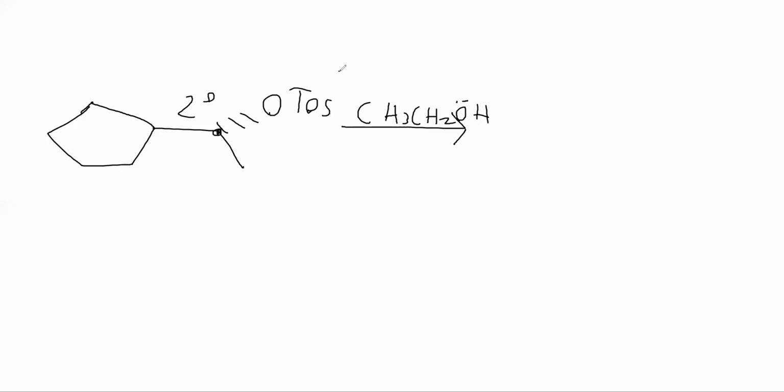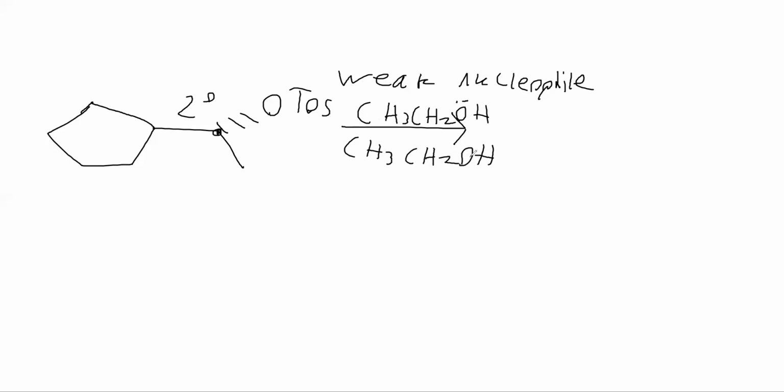So I'll just put weak nucleophile. It didn't put anything on the bottom of the arrow for the solvent, but I could have put this, which would have been kind of redundant because ethanol is a common solvent and it can also act as one.